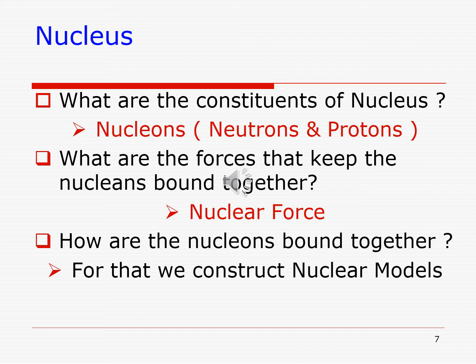Secondly, what are the forces that keep the nucleons bound together? Obviously the answer is nuclear force. We'll come to this point later. And lastly, how are the nucleons bound together? The answer is, for that we construct nuclear models.